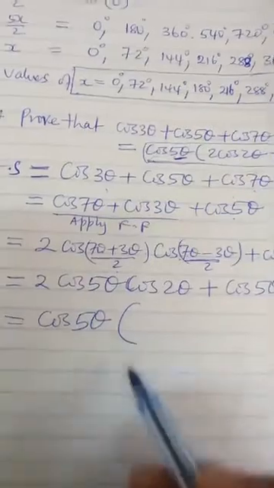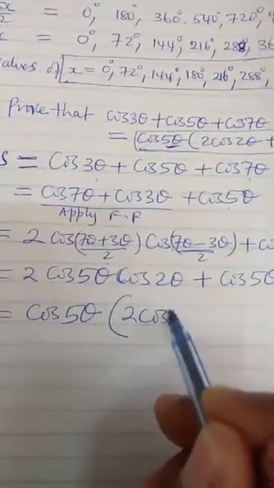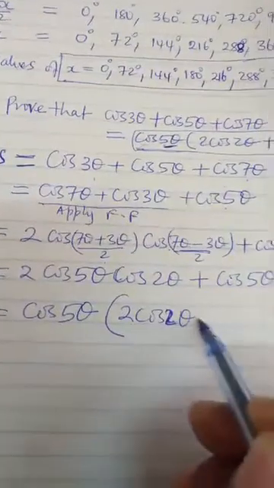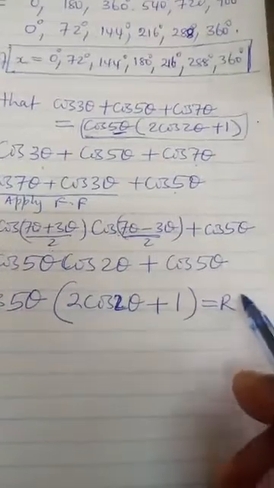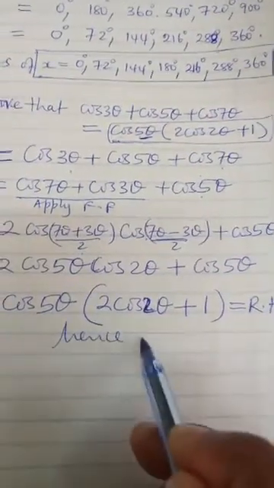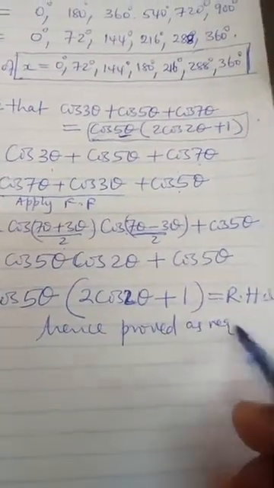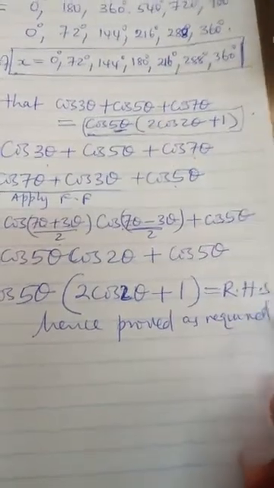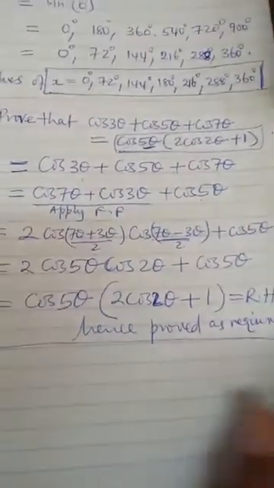We pull it out, and here we stay with 2 cos of 2 theta plus 1, and this is already equivalent to the right-hand side, so we can conclude and say hence proved as required.